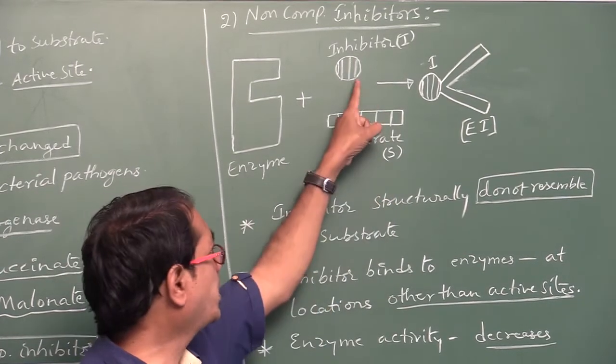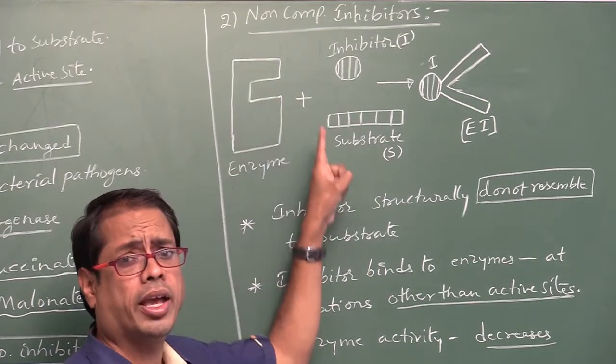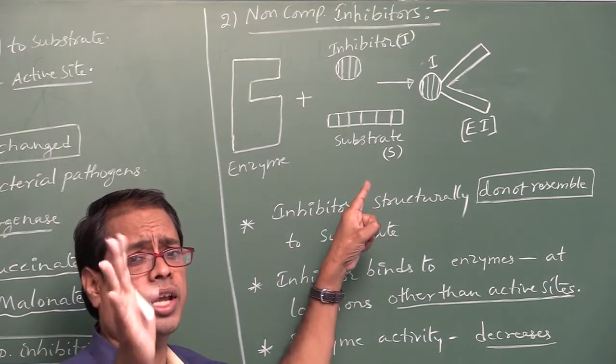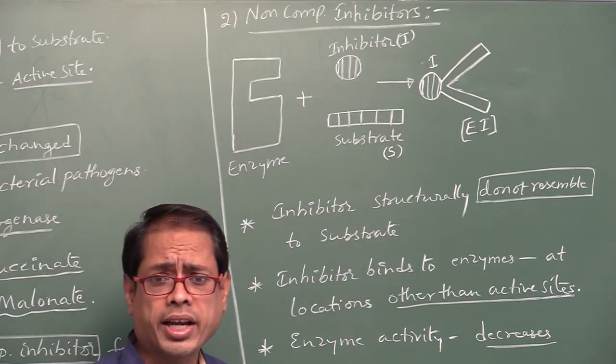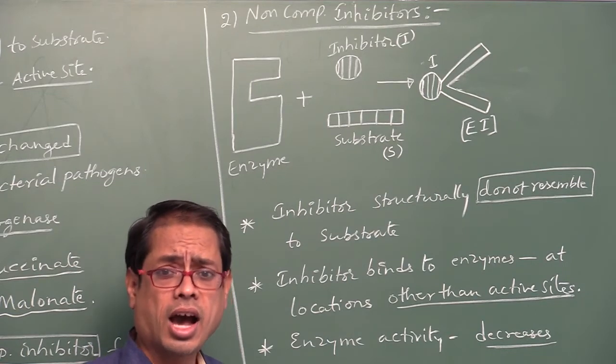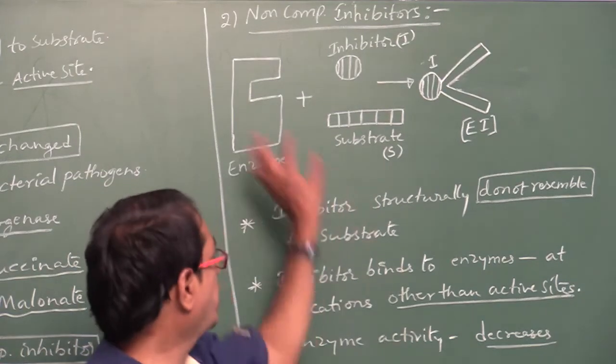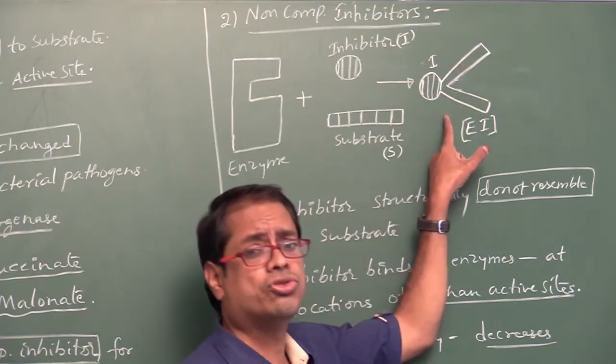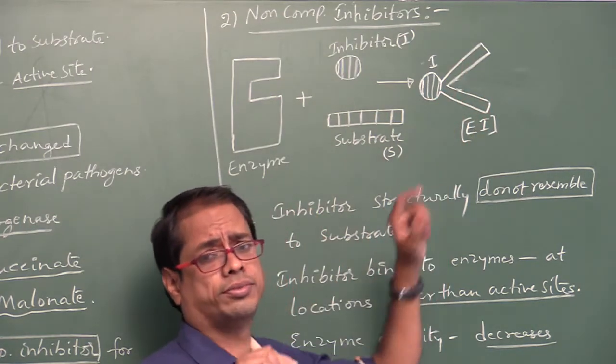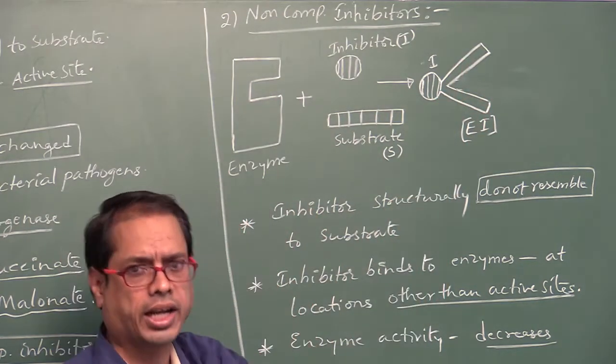The inhibitor binds to the enzyme at locations other than the active site. It is not bound at the active site, it is bound elsewhere. The shape of the enzyme is changed, altered. Enzyme activity declines.